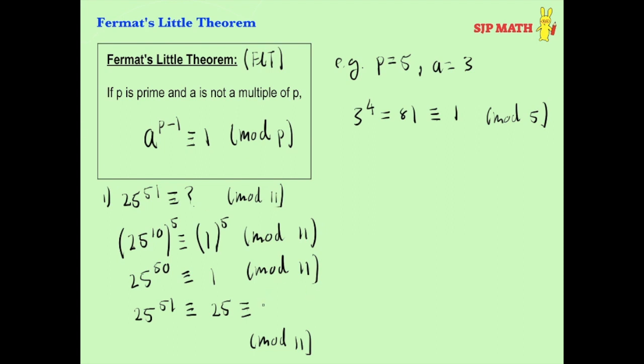Okay, I'm back. 25 is congruent to 3 mod 11. So therefore, 25 to the 51 is congruent to 3 mod 11. So therefore, its remainder when divided by 11 is equal to 3. Done. So as you can see here, we were kind of building a power tower here.